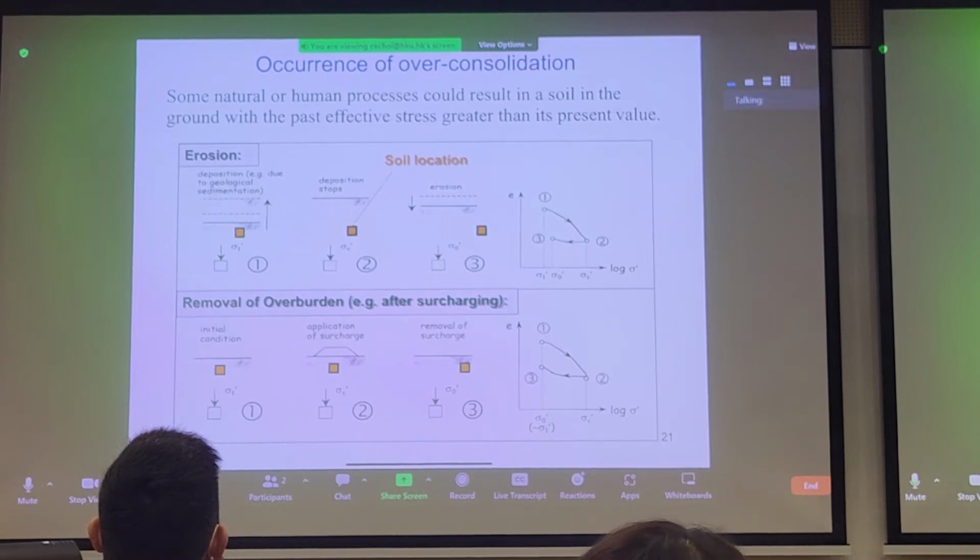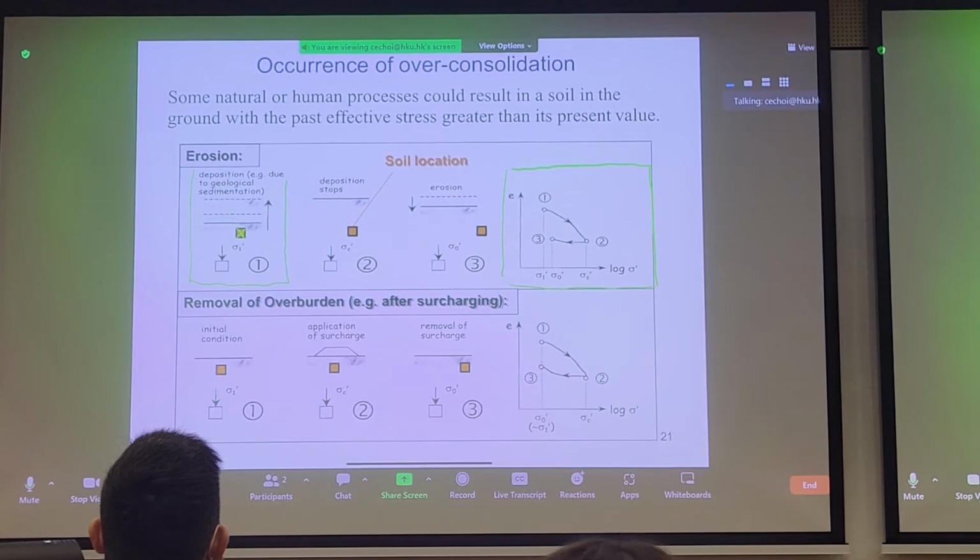So, if we look at the schematic here, what we have is some soil element here, the brown part. And if we look at our void ratio versus logarithm of effective stress, we have point number 1 here.